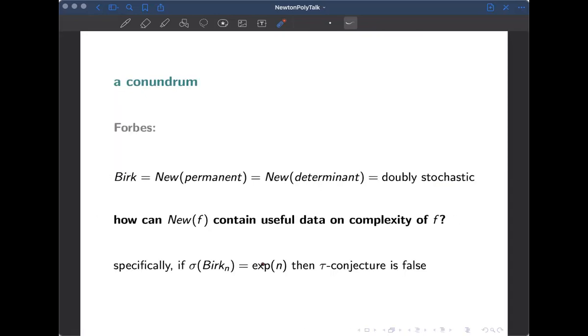Specifically, this observation shows that if the shadow complexity of the Birkhoff polytope is exponential in n, then this tau conjecture, this program for proving lower bounds, is false. This is a question that we tried to understand, understanding the shadow complexity of the Birkhoff polytope.